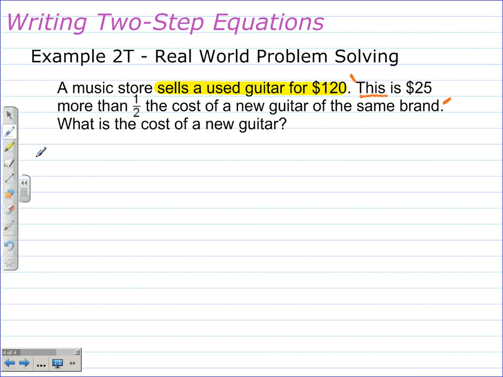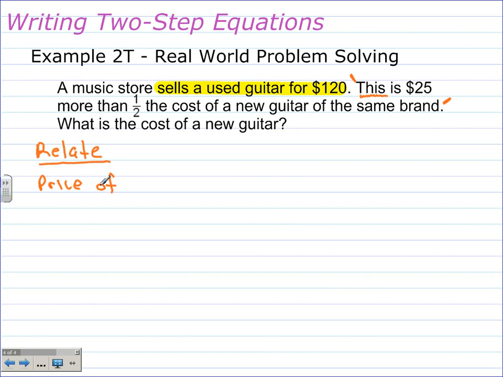So when I go to relate this, I call this my relate step here. Write my equation out in some words. This is going to refer to the price of a used guitar. The next thing I translate is the word is.